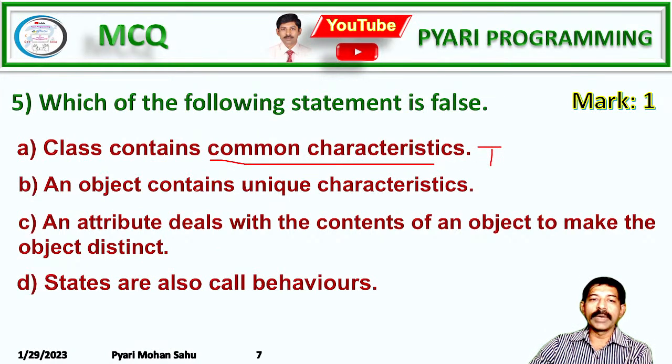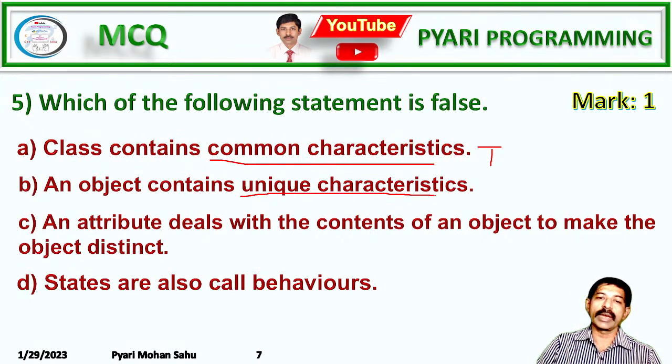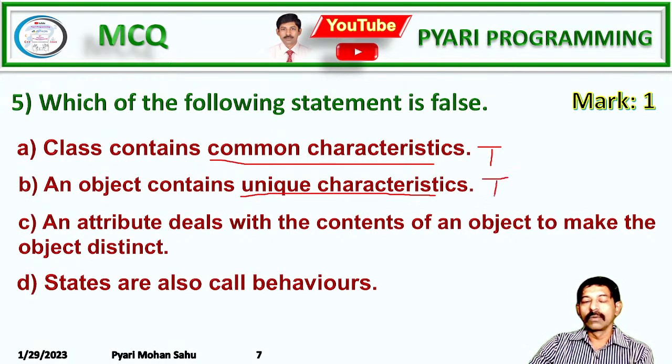Next, an object contains unique characteristics. So many times I told you, student is a class, but Ram, Shyam, Sita, Geeta, they are called objects. Now they have different names. So that's why an object contains unique characteristics, and a class contains common characteristics. Both are true. We'll discuss the next one.